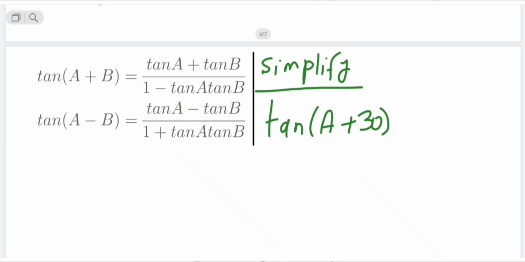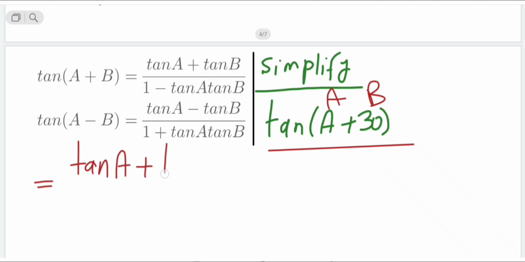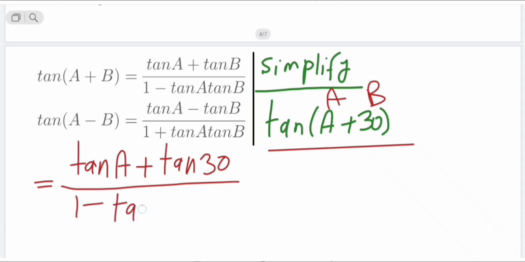Okay, let's apply the formula here. So tan(A plus B) uses the first formula: tan A plus tan B over 1 minus tan A tan B.